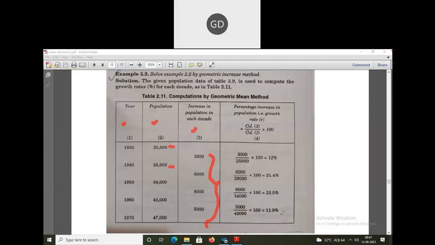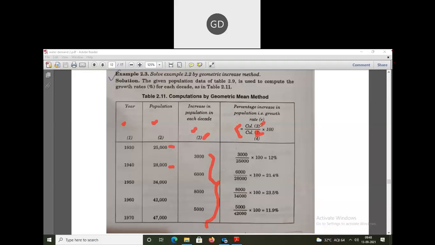Now you need to find out the growth rate. The growth rate formula you can see here: it is column 3 divided by column 1. No, sorry, it will not be column 1, it will be column 2.